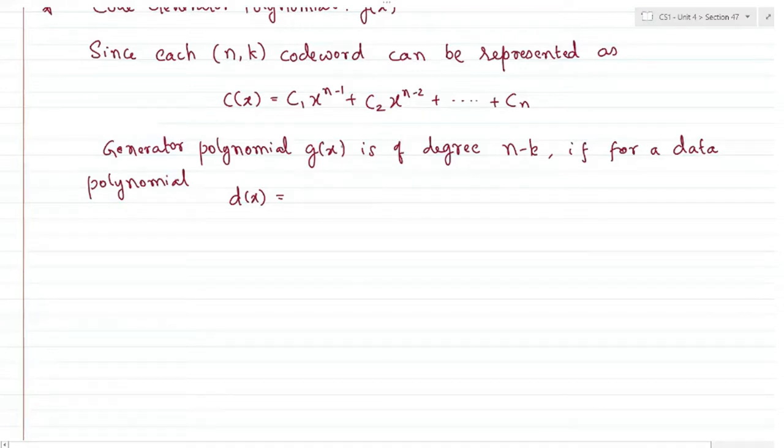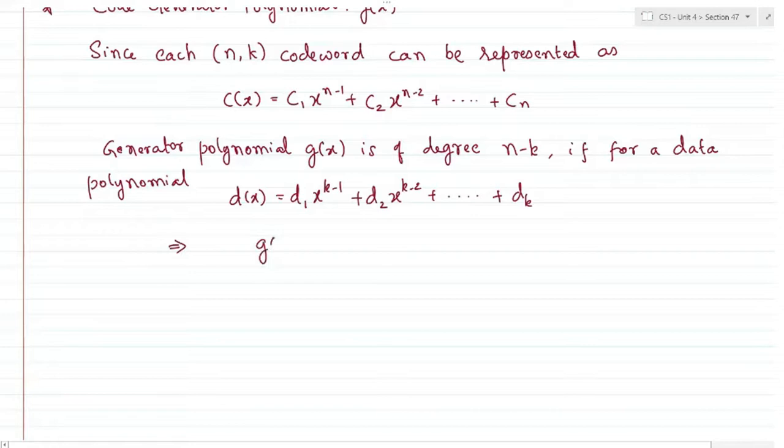Finally the generator polynomial should be of order n minus k, and we know that the code word is of order n minus 1, and obviously the data polynomial would be of order k minus 1, where this is d1 x^(k-1) + d2 x^(k-2) up to dk.